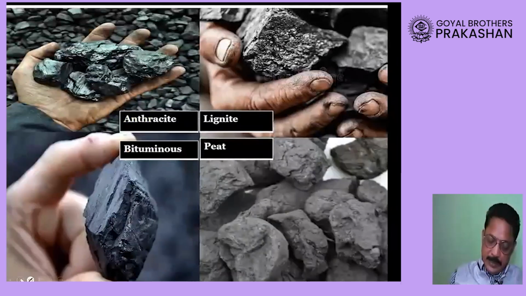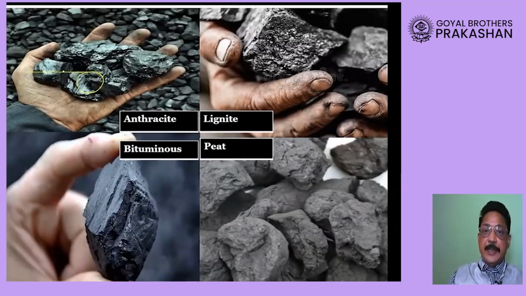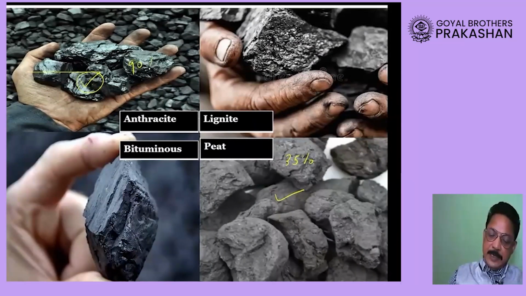Now look at this picture. You will find this anthracite looks very shiny. This great shine is because of carbon present in it. So if you look here, this is the most shiny, and peat type of coal is less shiny. Now you will realize that peat is having around 35% of carbon in it, whereas anthracite is having more than 90%.